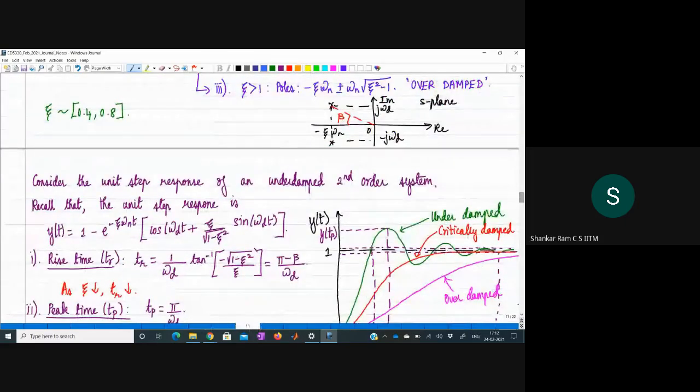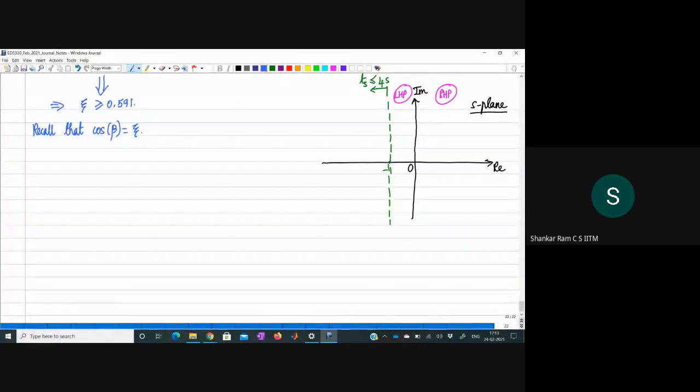So you can see this beta being marked here, right? So you draw a line from the origin to the complex conjugate pole, right? So whatever is the angle made by that line is what is beta, correct?